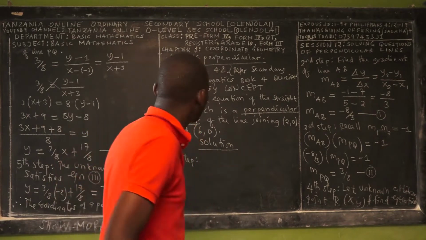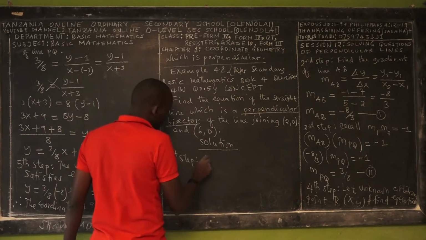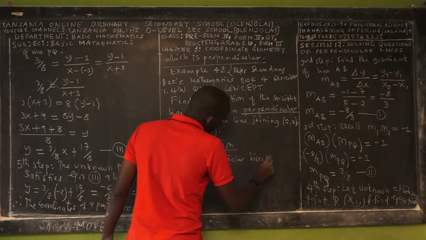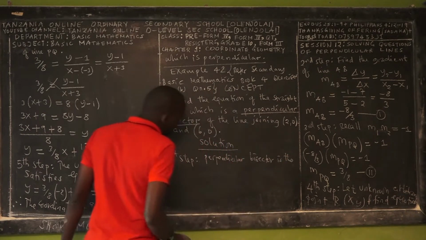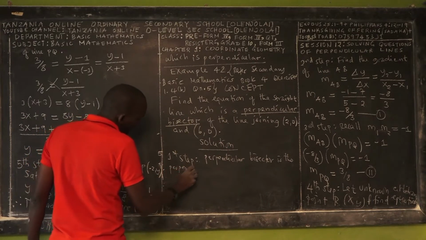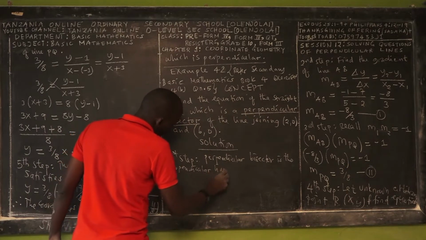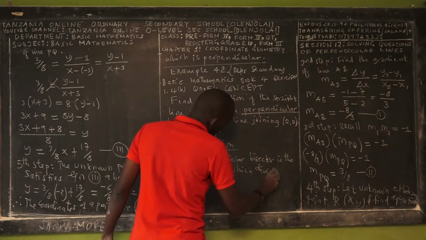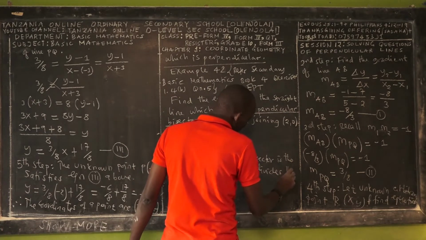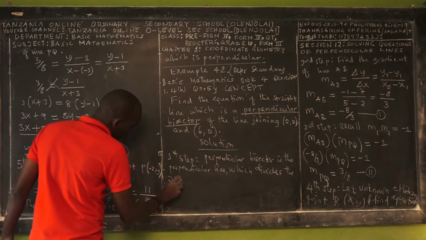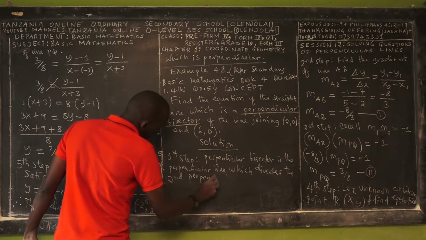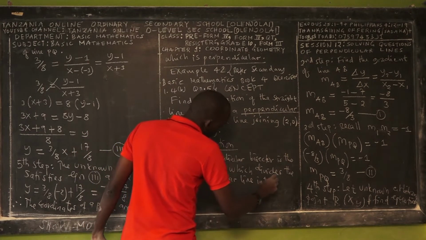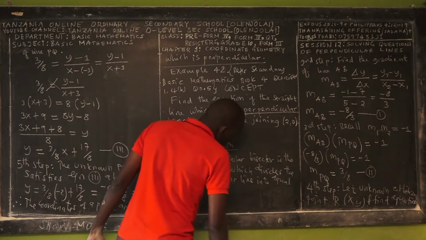Okay, so the first stage: what is a perpendicular bisector? A perpendicular bisector is the perpendicular line which divides the second line into equal parts.